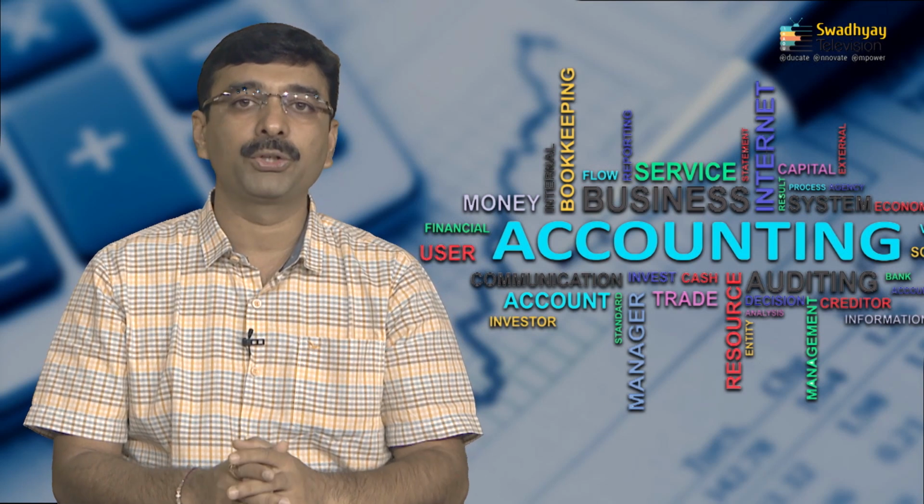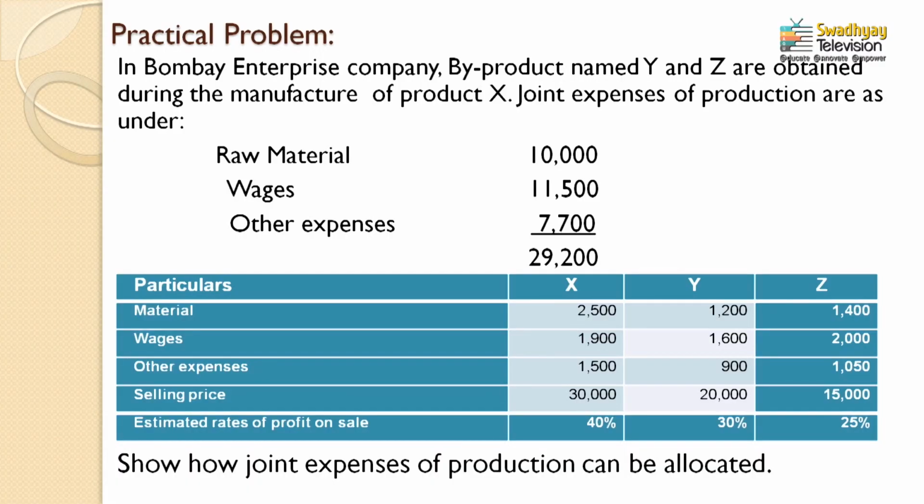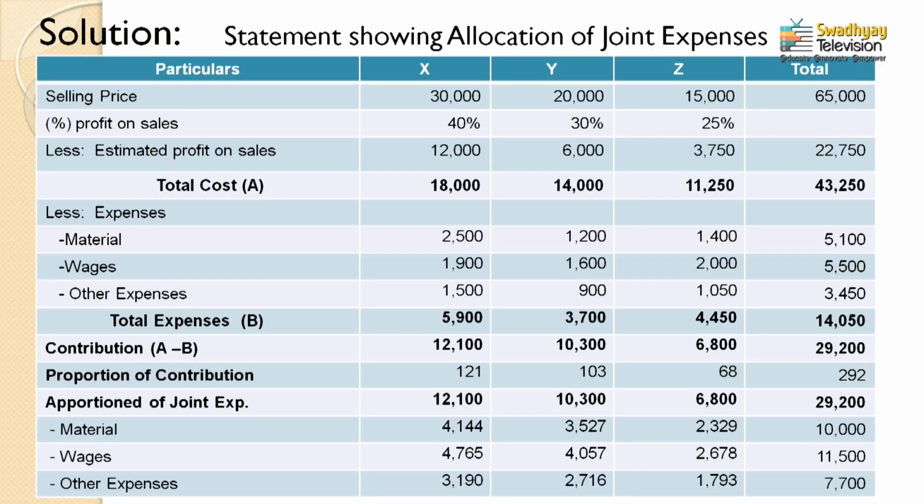Now see the solution of this question, which will also help you evaluate it in practical situations. This is the solution statement showing the allocation of joint expenses, the title of your table.